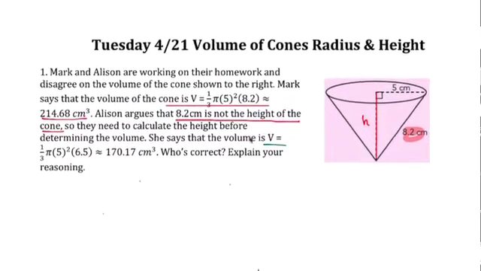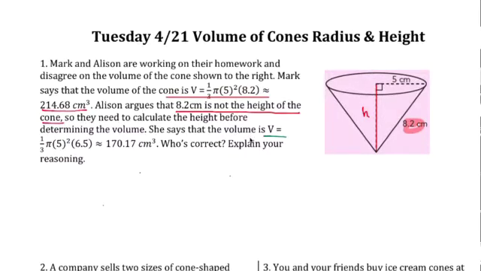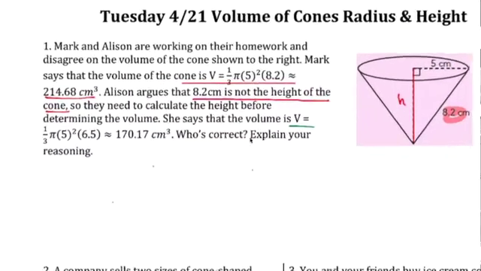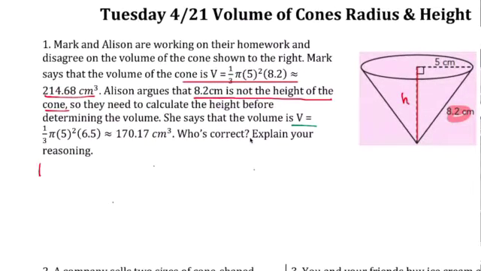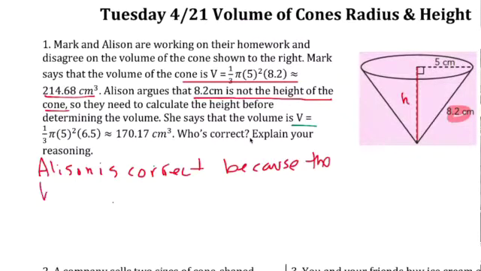For the volume of a cone, they need to calculate the height before determining the volume. So Allison is correct because the height is missing.